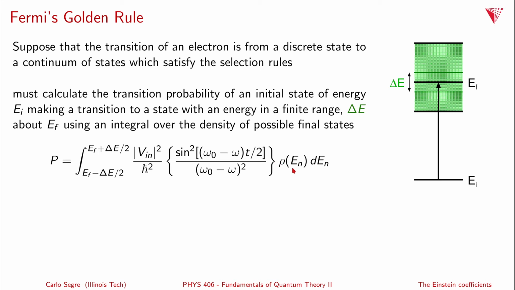This is the number of states with energy E sub n, and then you integrate over E sub n.